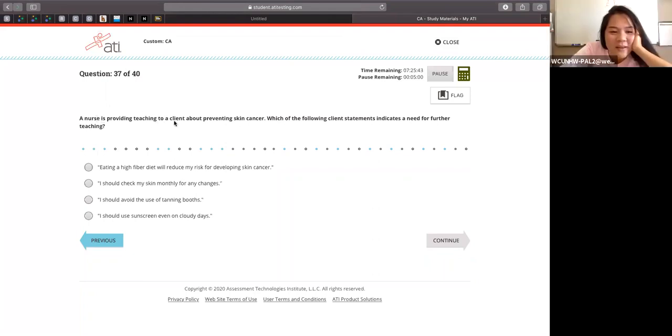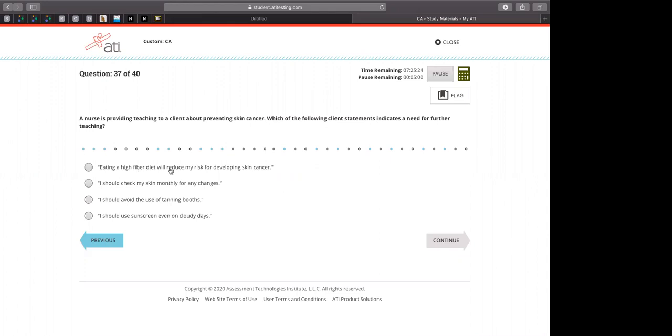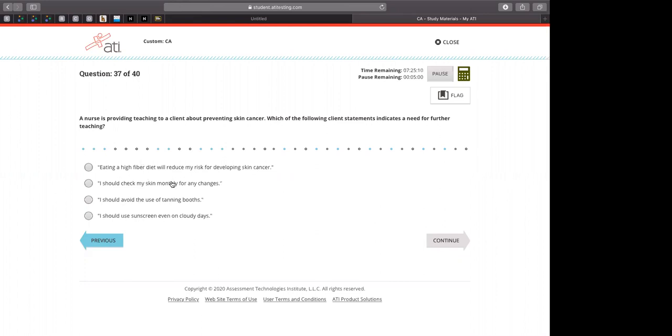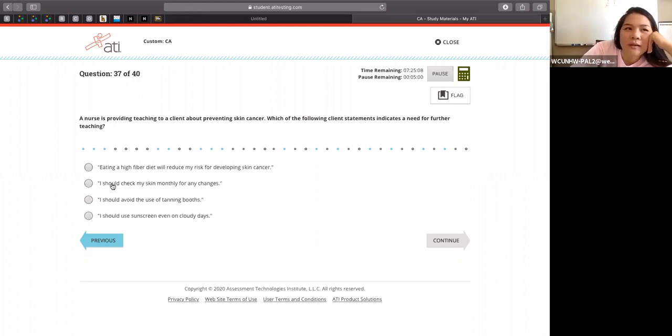Okay, a nurse is providing teaching to a client about preventing cancer. What measures are they going to take to prevent getting cancer? Eating high fiber to lower the risk of skin cancer? That's not it, right? High fiber can prevent what cancer? B. Or D. Or C. I don't know. But answer this question: eating fiber can help prevent what cancer?